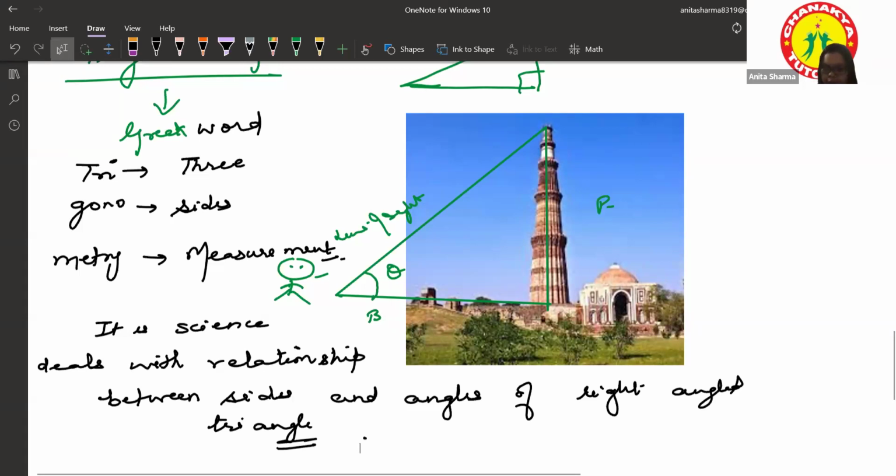All have understood this? Any doubt in this? No, ma'am. Okay.